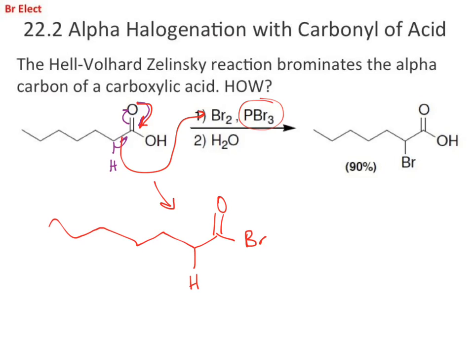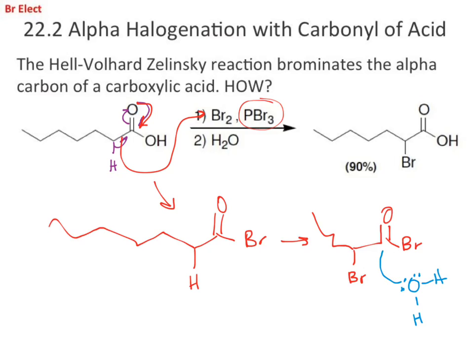So now we can remove that hydrogen and do our bromine substitution in that position. So we end up with our alpha position with the bromine. That's darn close to our product, but we still have an OH there. How do we get the OH? We add water.